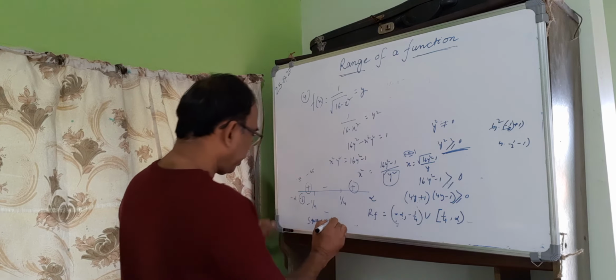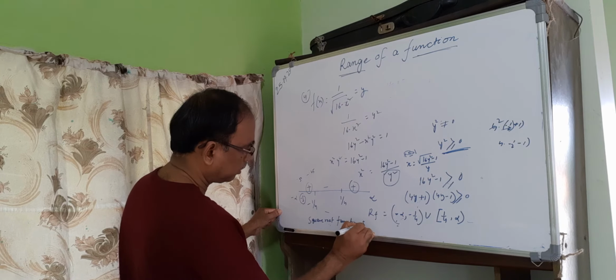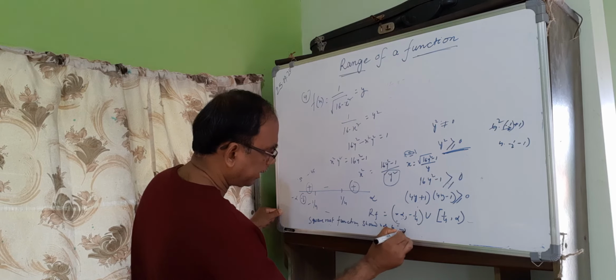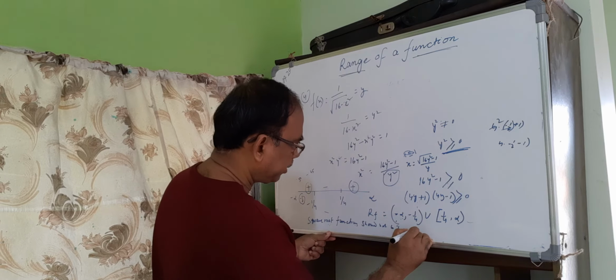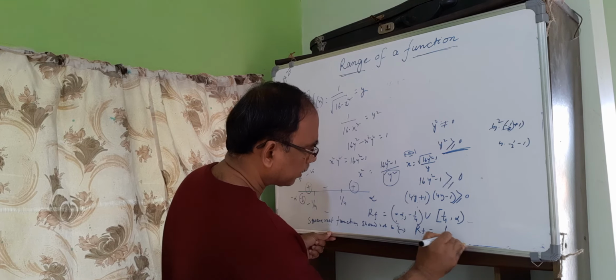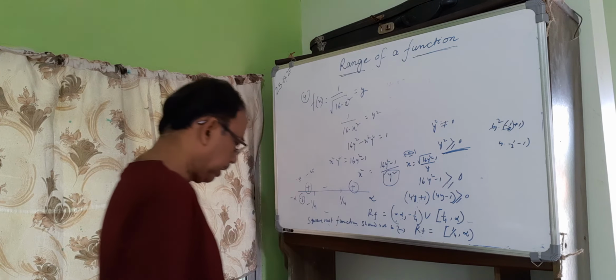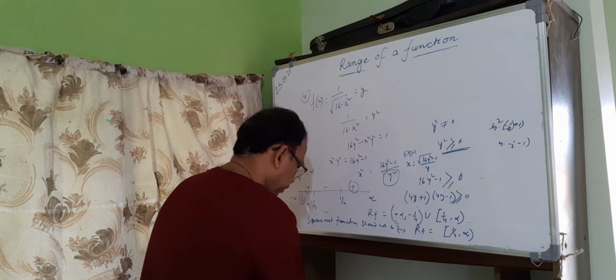So here the square root function should not be negative. Therefore, the actual range of the function should be 1 by 4 to infinity. Our actual range will be this.